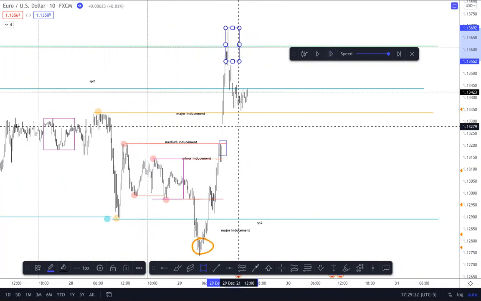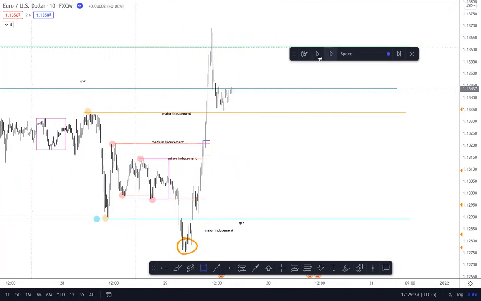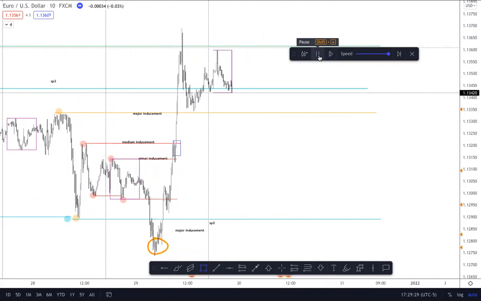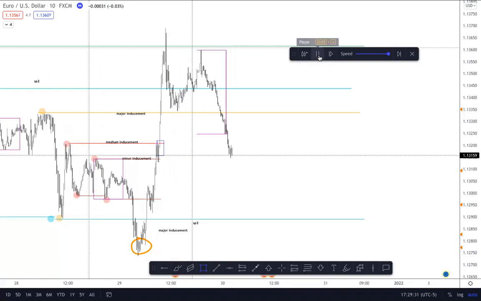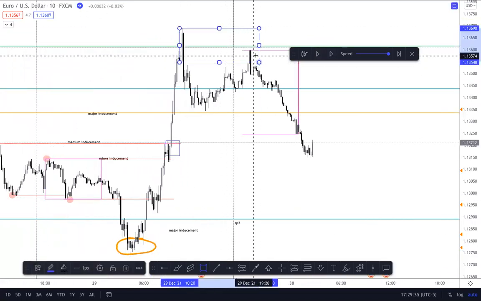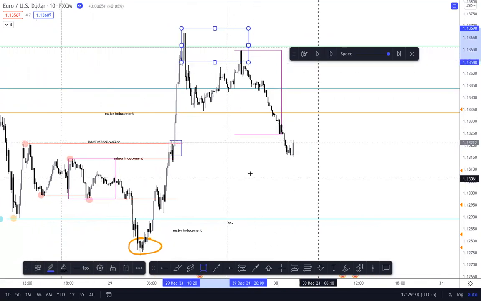It looks like it ran without us. That's okay. There it is. There it hits. Now it should melt. There it goes. All right. There is our OB, our engulfing. Eventually it did hit, took some time, but then it ran.